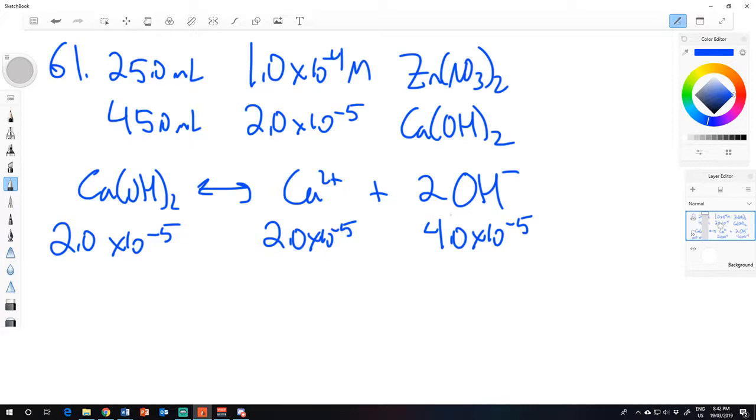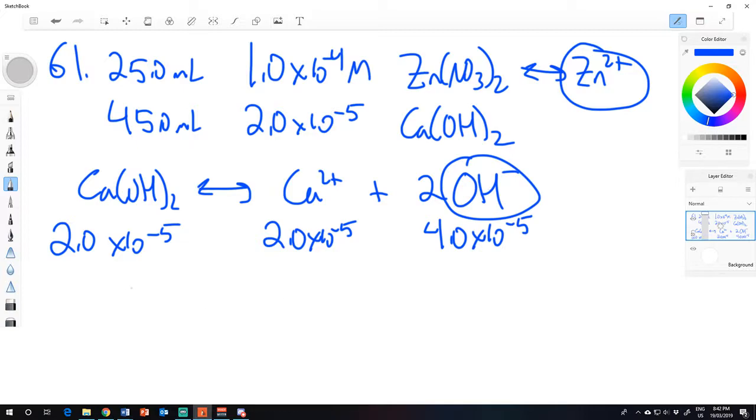The precipitate that forms from the zinc: zinc will turn into zinc ions and then nitrate ions, but we don't care about the nitrate ions. The ones we care about will be this and this. So that will form this precipitate, zinc hydroxide.